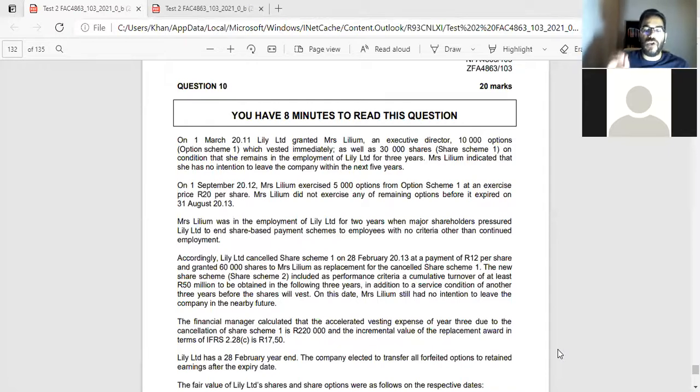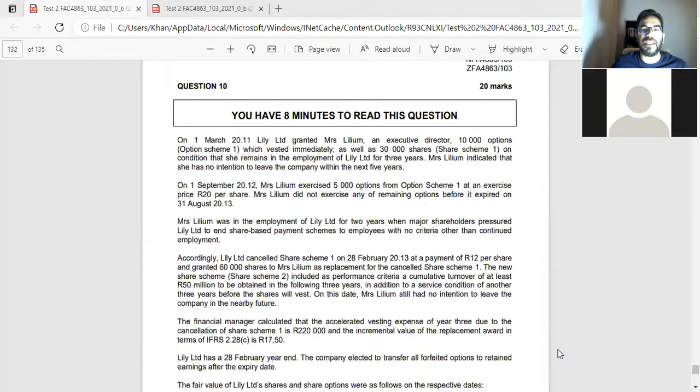So when it comes to the options, it vests immediately. So we're going to say debit employee costs, credit share-based payment reserve equity. It is going to be 10,000 options multiplied by the fair value at grant date relating to the options, plus, at year end, with the 30,000 shares, we can't recognize the full 30,000 shares because she needs to be in employment for 3 years.